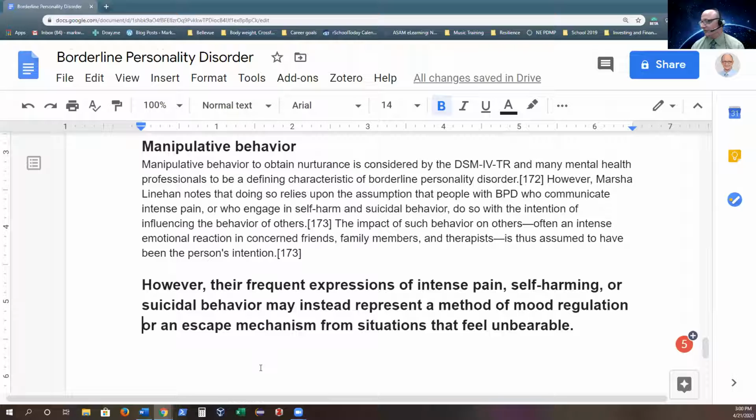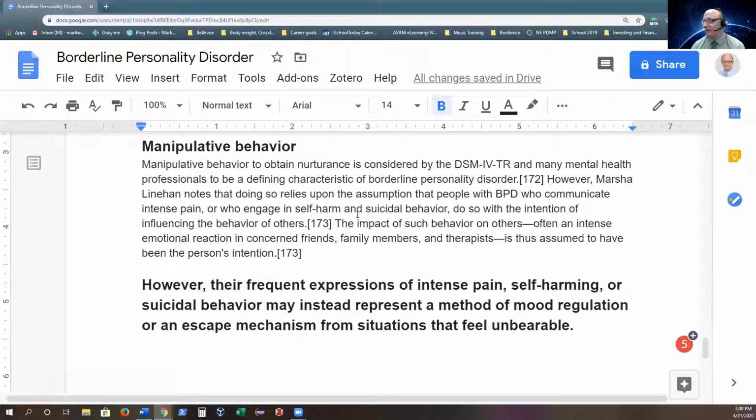The impact of behavior on friends, family, and the nurse taking care of them can cause intense emotional reactions. When somebody becomes suicidal, for example, their emotional reaction is pretty severe. Marsha Linehan says that you should not assume that the borderline is trying to influence you by being suicidal.